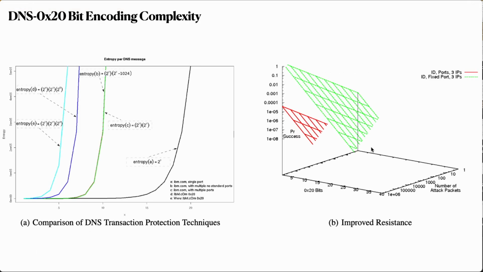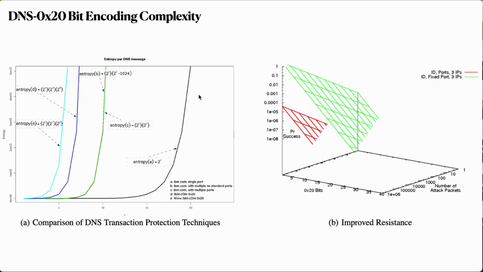And here is the complexity analysis. The left graph shows how the search space of an attacker grows while using the encoding mechanism. This is a simple encoding for IBM.com. The x-axis is the total number of bits available to encode the transaction identities, and the y-axis indicates the number of possible combinations.